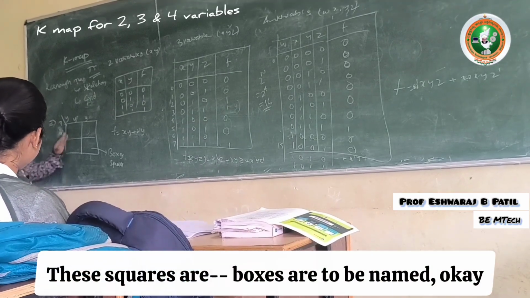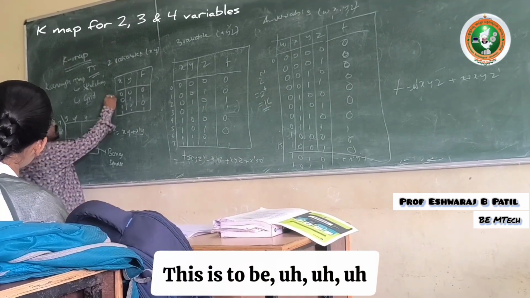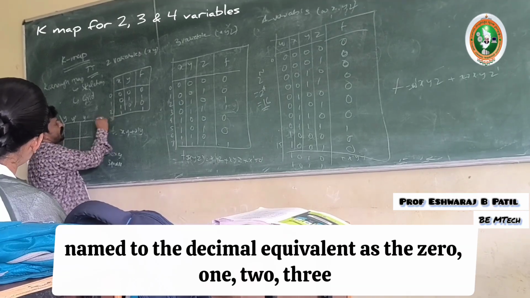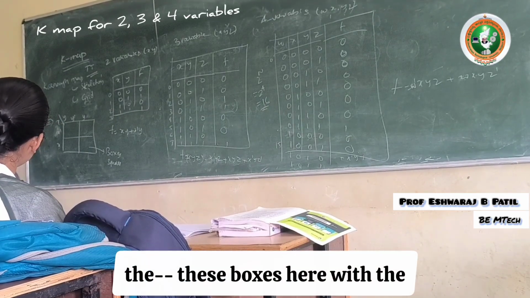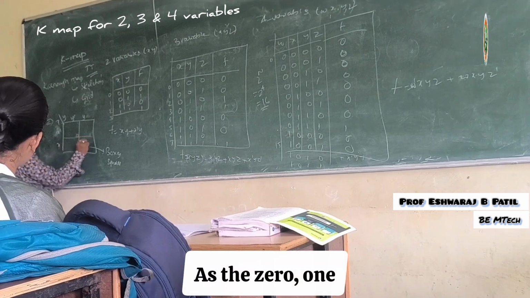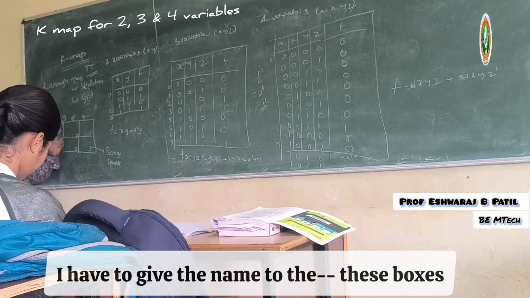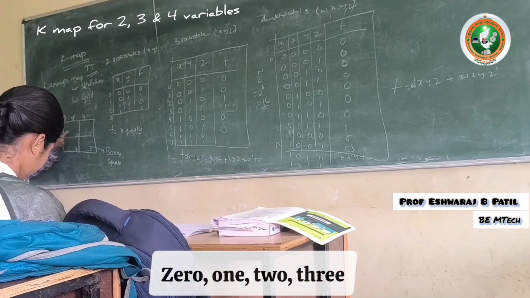These squares and boxes are to be named with the decimal equivalent, 0, 1, 2, 3. Similarly, I give the names to these boxes as 0, 1, 2, 3.